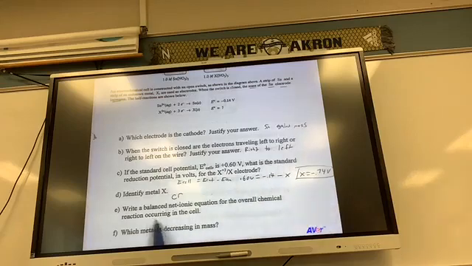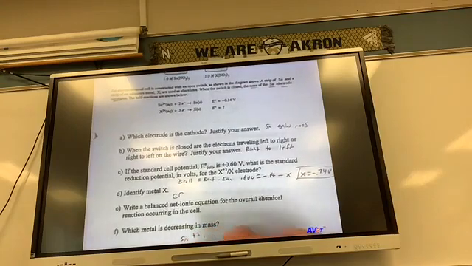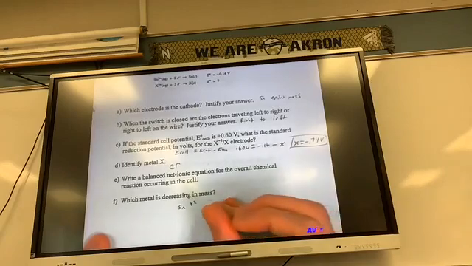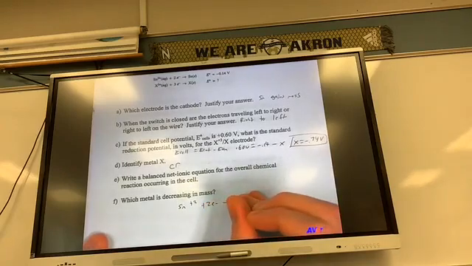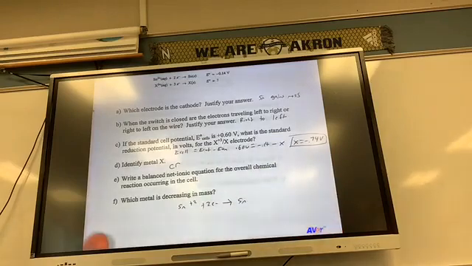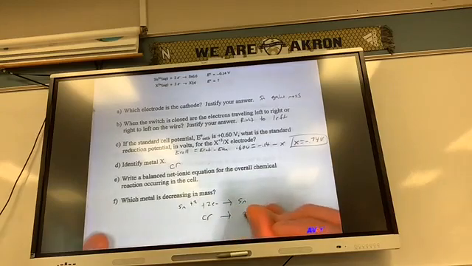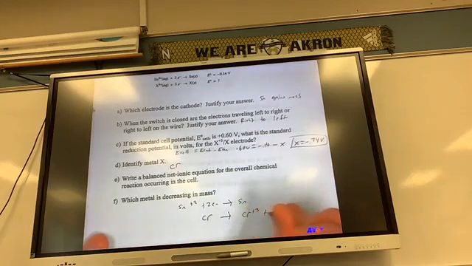Write a balanced net ionic equation for the overall reaction. So down here, I'm going to do my Sn2+ plus 2 electrons yields Sn. Then I have to flip the other one: Cr yields Cr3+ plus 3e-.